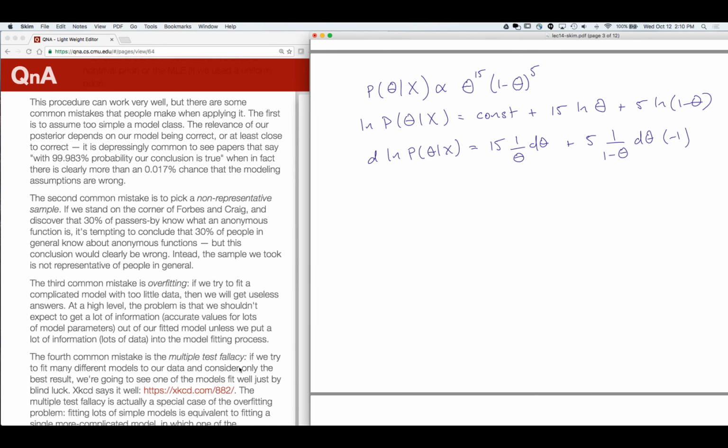Okay, the second is that people will make a nice model and go and collect some data and fit the model and get an answer. And then they'll say, oh, okay, that answer goes and applies to any other sample we might have collected. And to see why that's wrong, imagine standing on the corner of Forbes and Craig and asking people if they know about anonymous functions, right? And I will bet you that on the corner of Forbes and Craig, at least a moderate percentage of people will say yes, they understand anonymous functions.